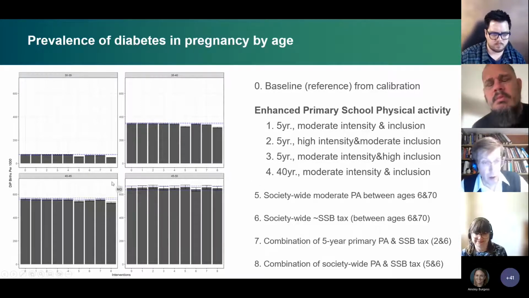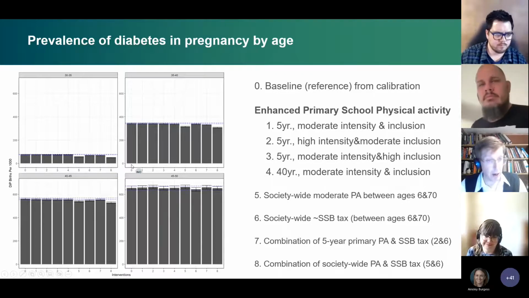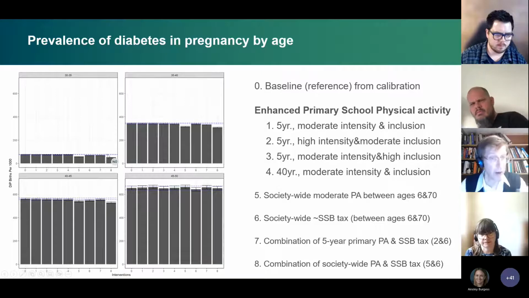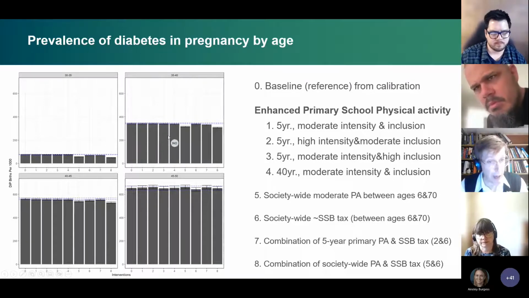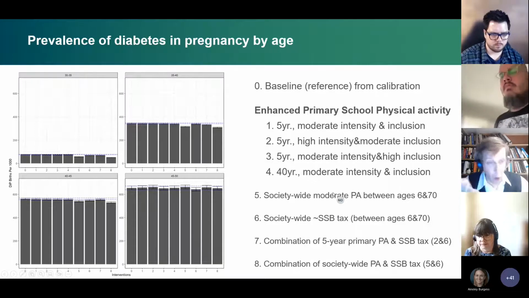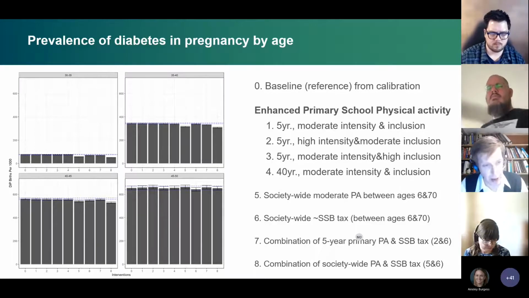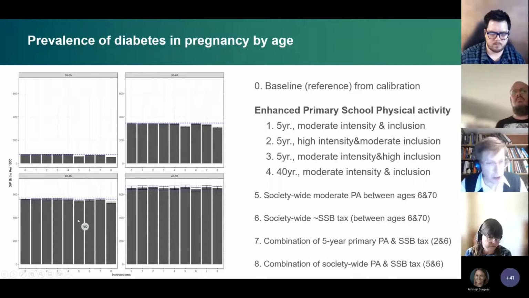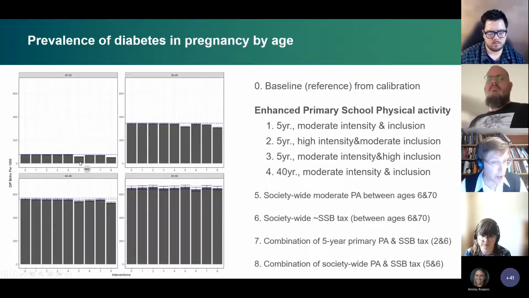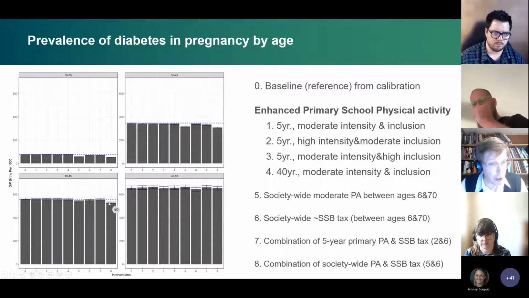But broadly, what we found through this is that, as one might expect, the diabetes and pregnancy risks go up with successive decades of childbearing. But across many of the decades, these interventions, such as moderate physical activity on a population-wide basis for the whole or half the population, examined separately, or combinations of that with sugar-sweetened beverage type interventions, those can statistically significantly lower these diabetes in pregnancy levels and do so through the 30s into the 40s.